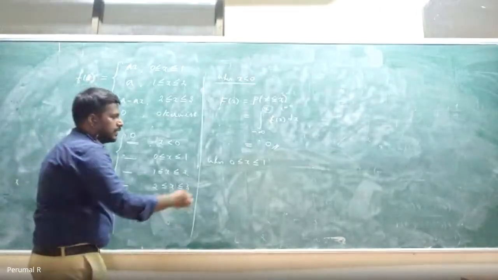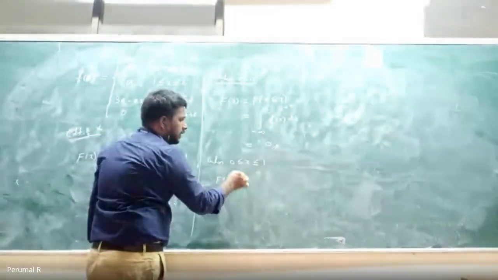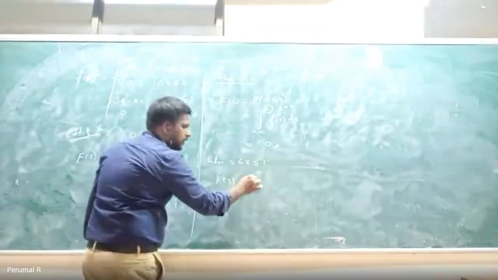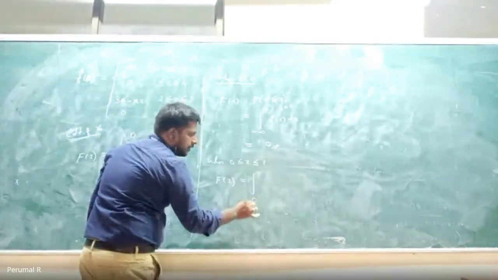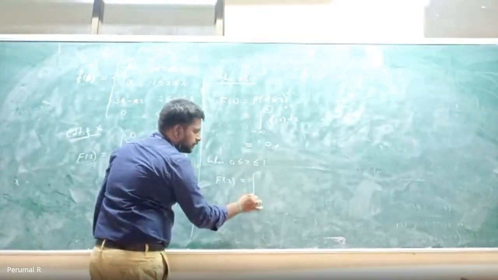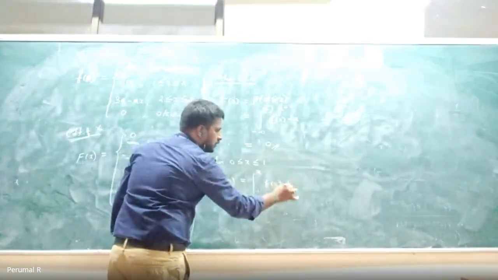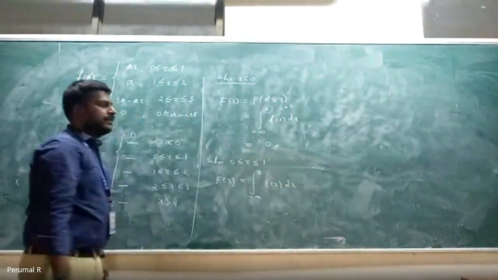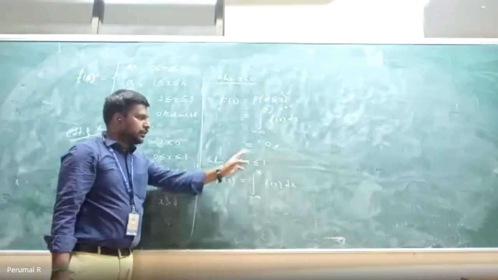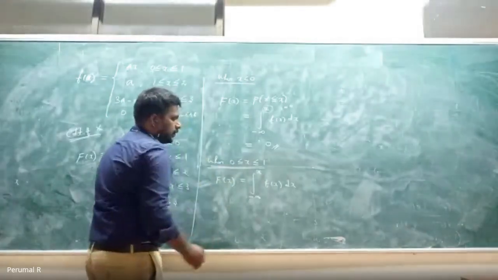When 0 is less than or equal to x less than or equal to 1, in that interval you have to find out f of x. Directly I am substituting here 0 to 1. The formula becomes the integral from minus infinity to x of f of x dx. Here, how can you substitute?